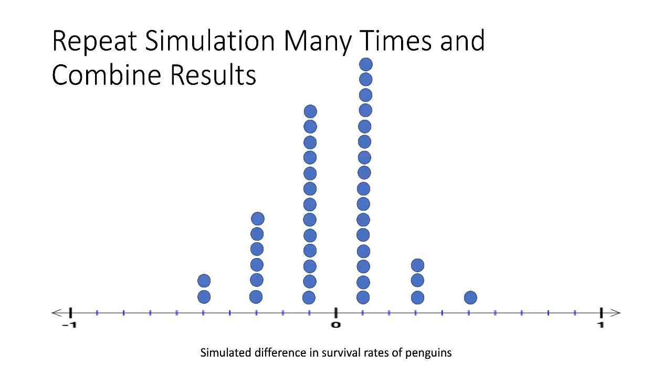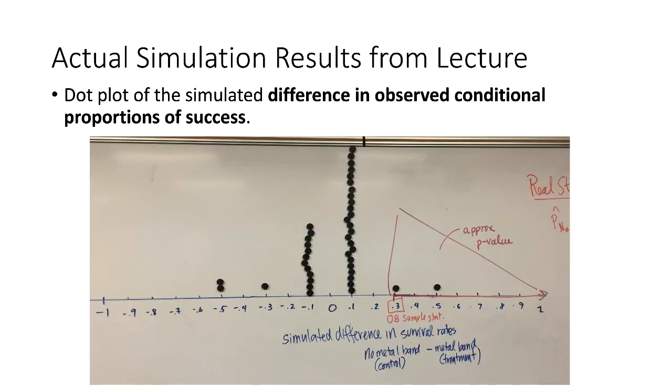So we repeat the simulation many times and we combine our results. On the screen here, you're seeing one possible simulation. Just to show you what this would look like, here are actual simulation results from one of my lecture classes. In my lecture class, we run this exact simulation. Every student does it 2 or 3 times, and then we combine our results up on the board.